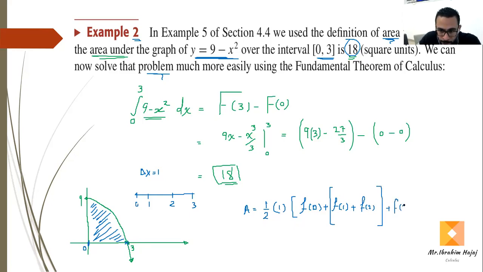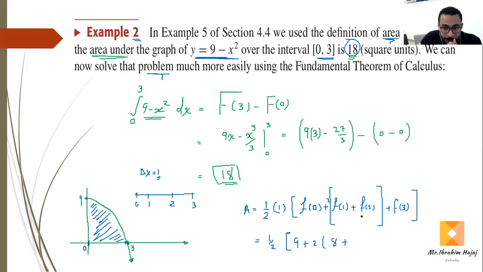Put 2 before f of 1 and f of 2, since they must be multiplied by 2. So we have half, height is 1, 9 plus 2 into 8. What is f of 2?